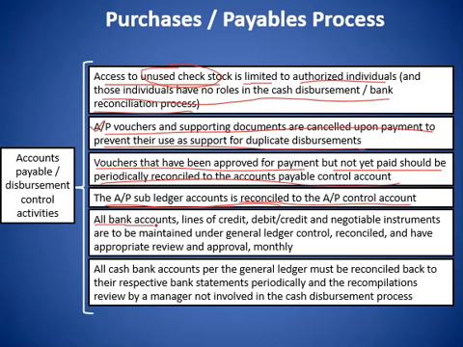All bank accounts, lines of credit, debit and credit, and negotiable instruments are to be maintained under general ledger control, meaning that if we have a bank account or a line of credit, we should have a general ledger account open to account for those transactions. The detail of those accounts should be reconciled and have appropriate review and approval on a monthly basis.